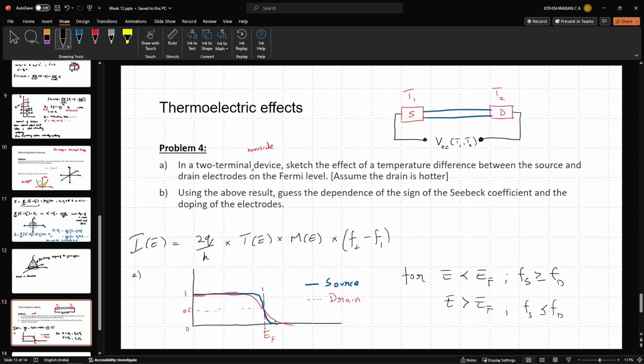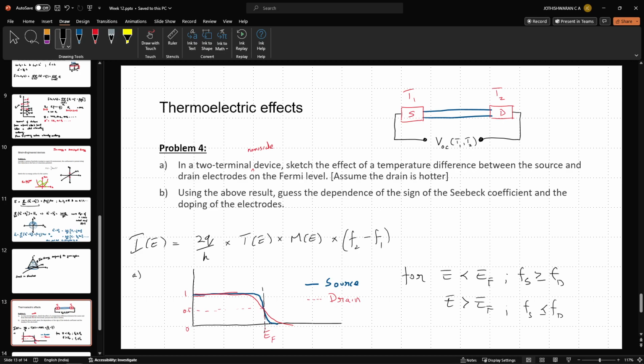For energies greater than the Fermi level, the probability of finding an electron with energy E is greater in the drain than in the source. So, what does this mean? This means there are essentially more electrons above the Fermi level in the drain and more electrons below the Fermi level in the source. And typically, when we consider electronic conduction, we are worried about electrons above the Fermi level.